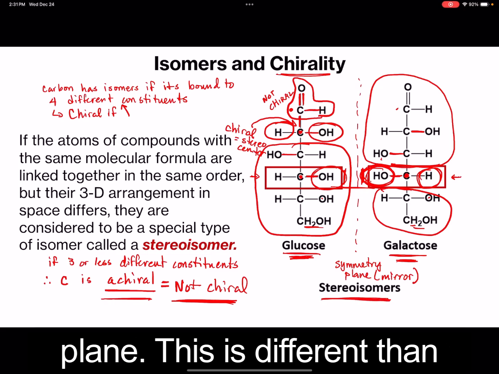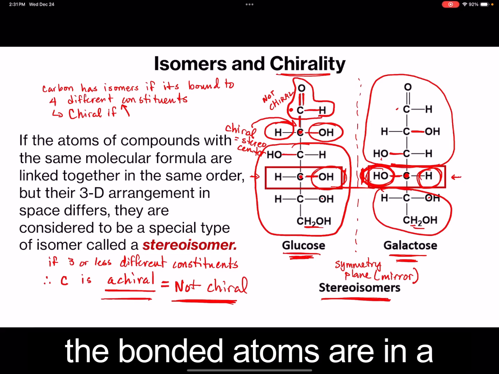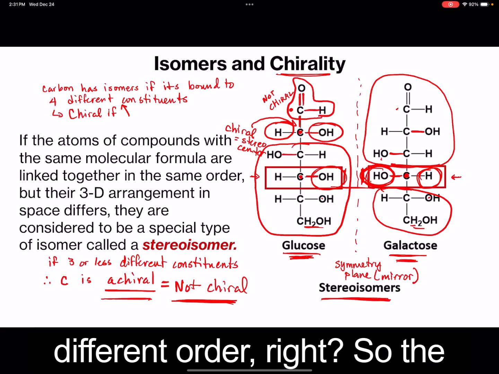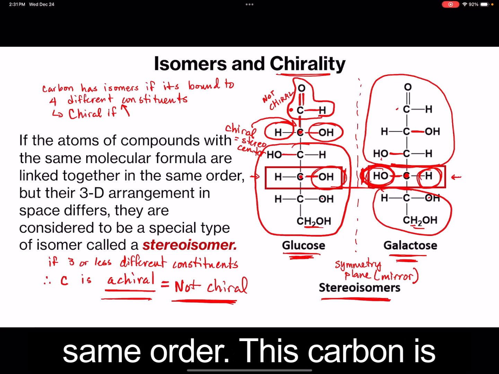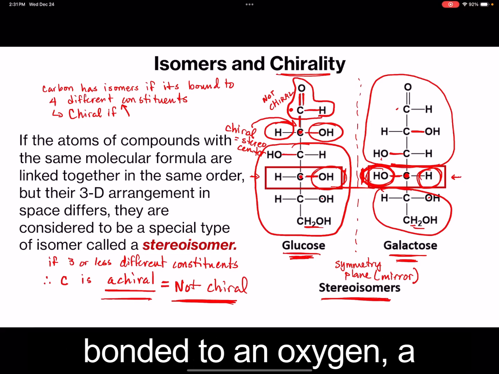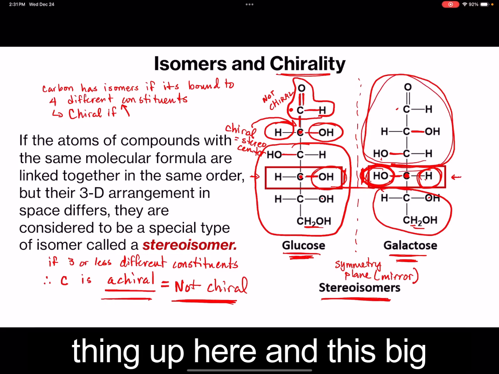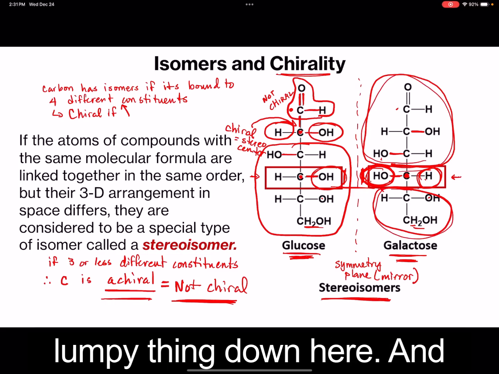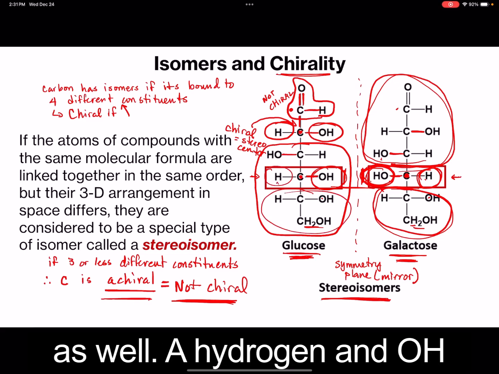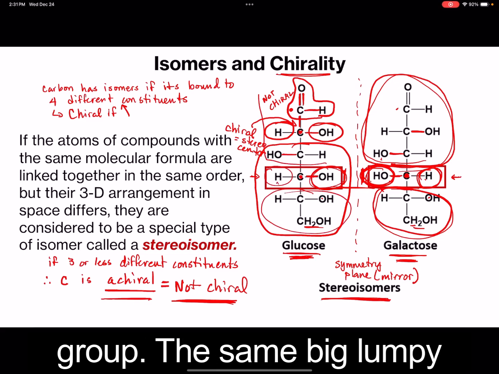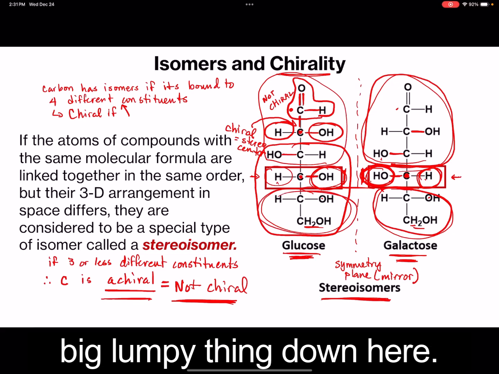This is different than structural isomers where the bonded atoms are in a different order, right? So the bonded atoms are in the same order. This carbon is bonded to an oxygen, a hydrogen, this big lumpy thing up here, and this big lumpy thing down here. And the same for this molecule as well. A hydrogen, an OH group, the same big lumpy thing up here, and the same big lumpy thing down here.